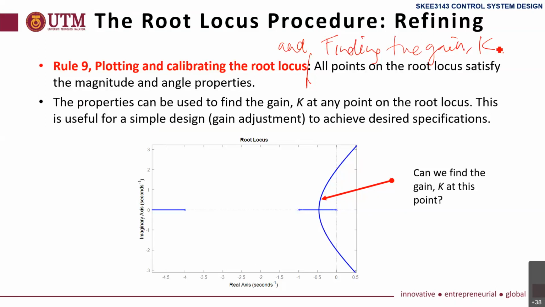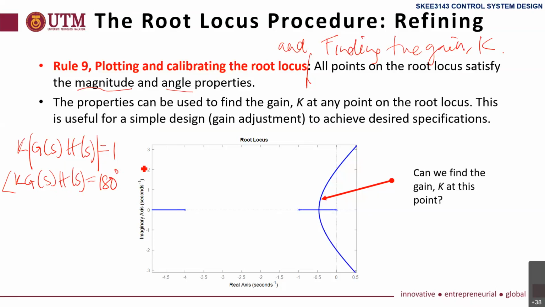All points on the root locus satisfy two criteria: magnitude and also angle. We know that the magnitude of KG(s)H(s) must be equal to 1, and also the angle of KG(s)H(s) equals 180 degrees.